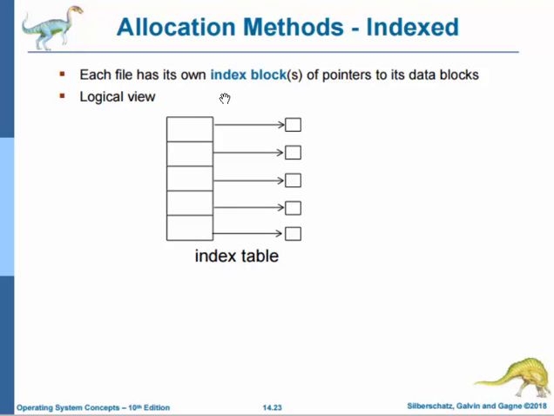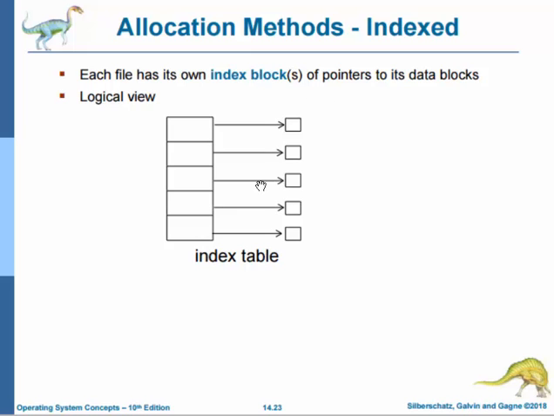So the indexed allocation solves this problem by bringing all the pointers together into one location, and this is called the index block. Each file has its own index block, which is an array of storage block addresses. Okay, so the ith entry in the index block points to the ith block of the file.